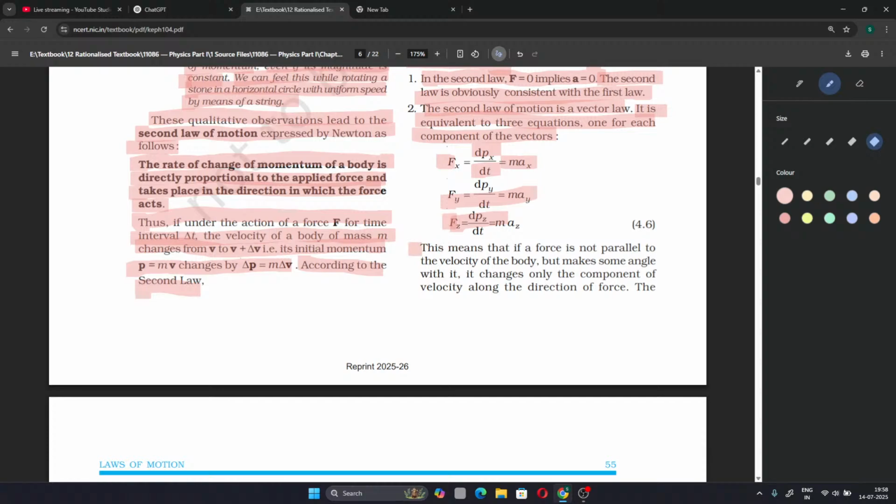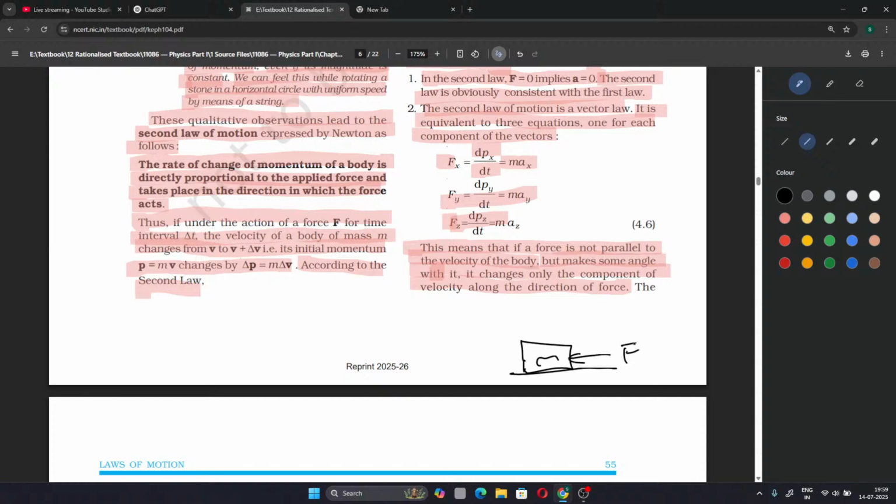This means that if a force is not parallel to the velocity of the body but makes some angle with it, it changes only the component of the velocity along the direction of the force. Basically, when this is a body, let's assume the force is acting like this, and it's making an angle theta here.